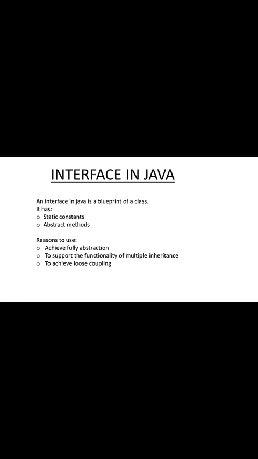It's similar to a class. It has a collection of abstract methods. A class implements an interface, thereby inheriting the abstract methods of the interface. Along with abstract methods, an interface may also contain constants, default methods, static methods, and nested types. Method bodies exist only for default methods and static methods.